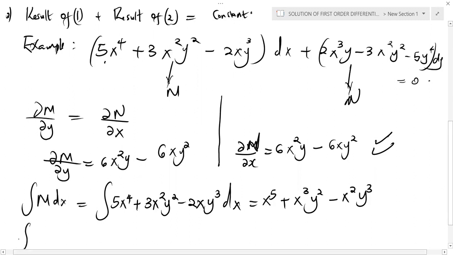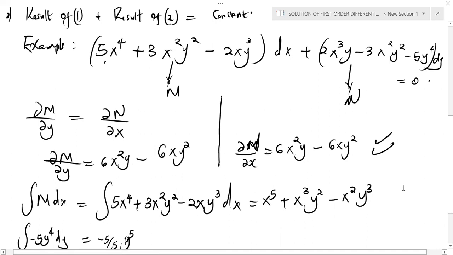So we are going to take the values of N that do not contain x, and that is minus 5y^4, and we're integrating with respect to y. And what will this give us? This will give us minus 5 over 5 y^5.